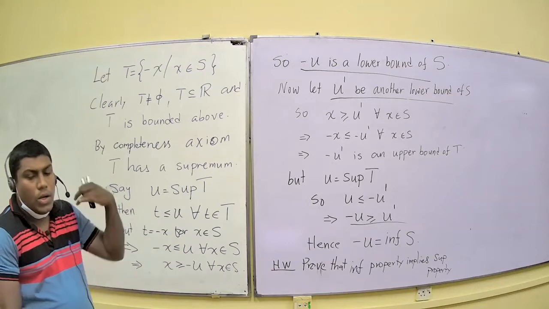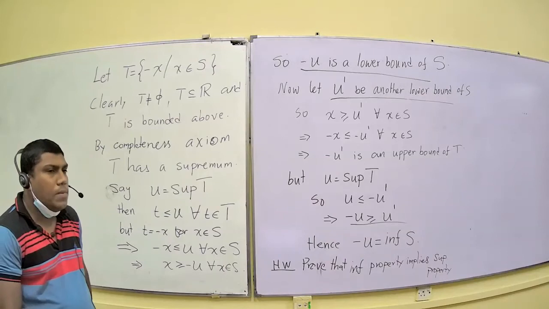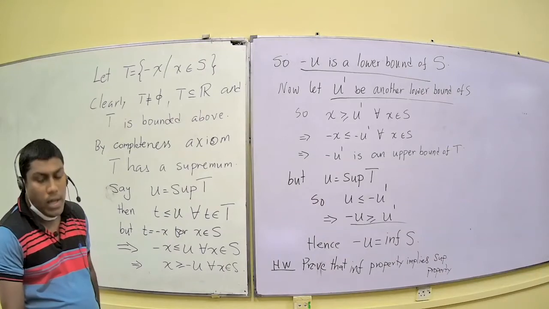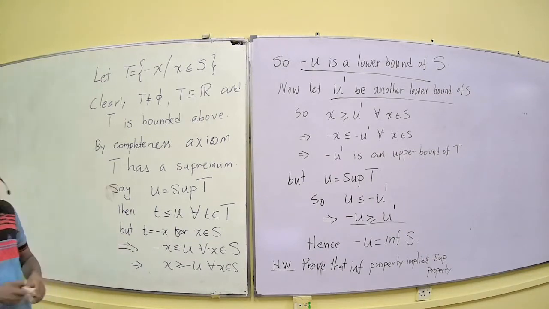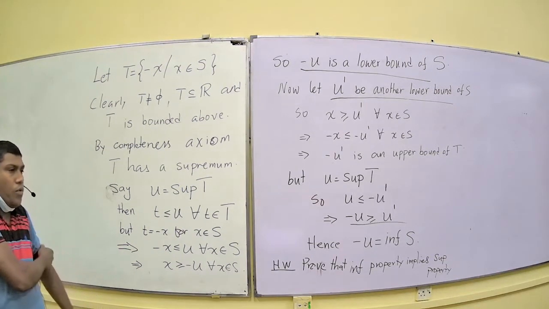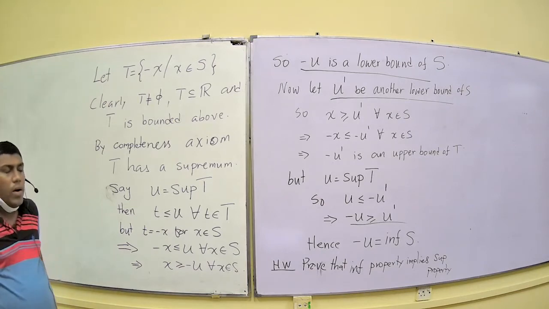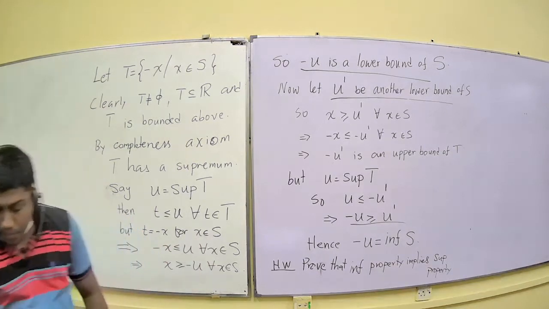And then by using that, you are going to prove that every non-empty subset of real numbers that is bounded above will have a supremum. So this is the opposite way of going in this proof. That gives you that you can always go from one property to the other, from supremum to infimum or infimum to supremum. So this is a homework.